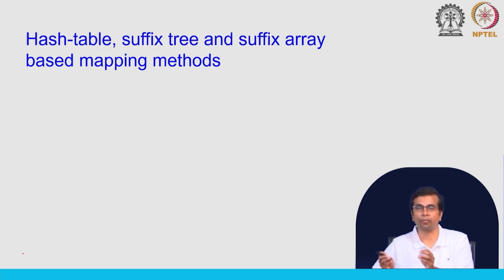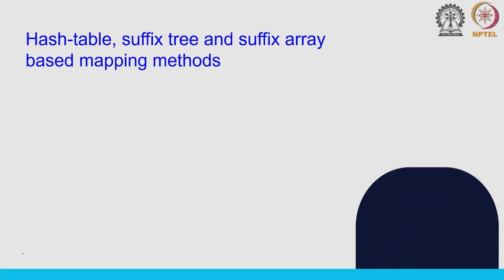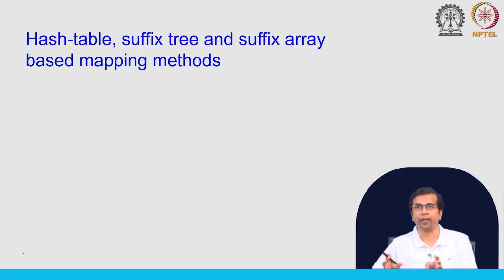Of course, there are a lot more details in there. Then we talked about suffix tree and suffix array based methods. These are related ideas, as they both relate to suffixes. We talked about how we generate suffixes from a reference sequence, the tree representation and the array representation, their advantages and disadvantages, and how we can search sequences using the suffix tree or suffix array structure.